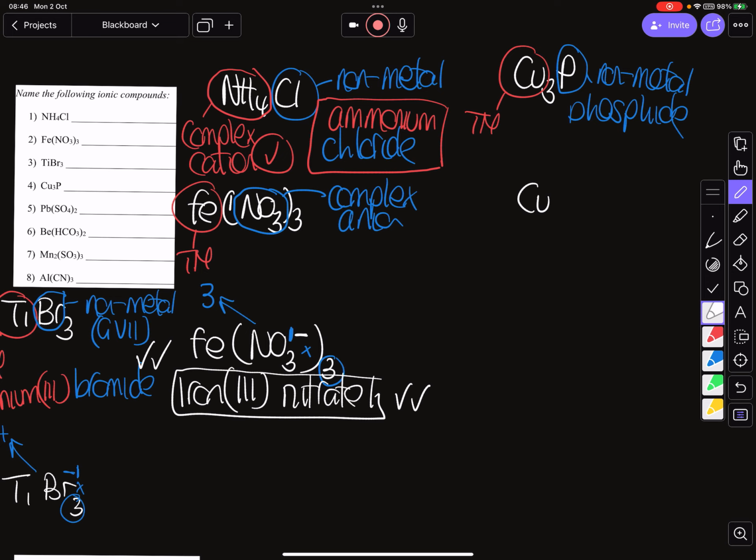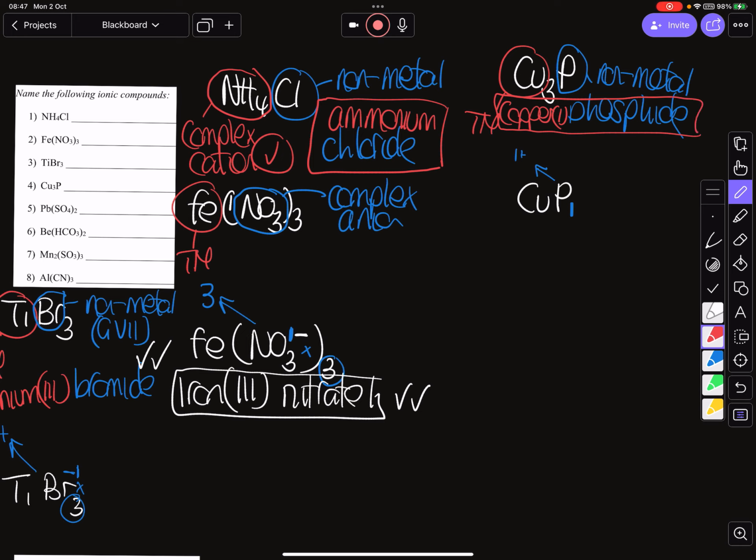So it's going to be a Cu and a P, and we know that there's one here and that this one is going to go up even though it's not shown. So the name of this particular compound becomes copper 1 phosphide.